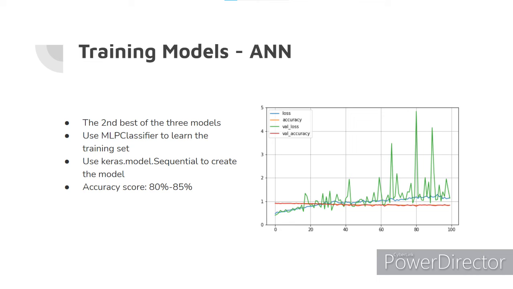By using MLPClassifier to force the machine to learn the trained model of the data 100 times, and using Keras Sequential to create the ANN model, the accuracy of the model can get to 80% to 85%, which is a decent performance. From the graph on the right-hand side, we can see that the accuracy is pretty close to 1, which is pretty high and pretty nice.